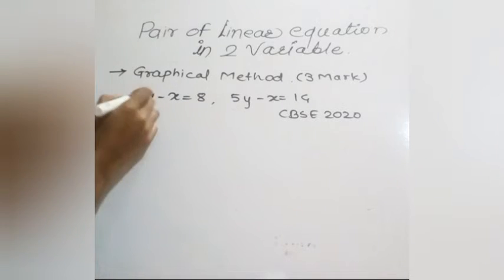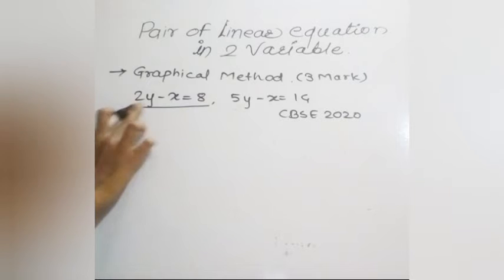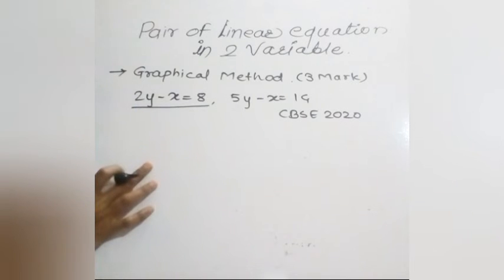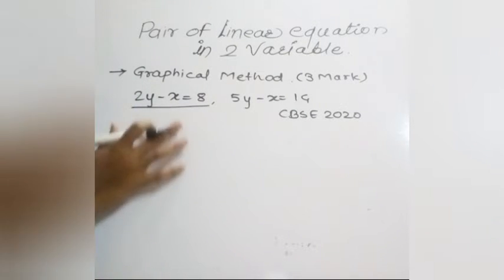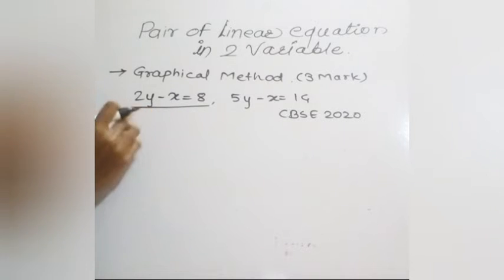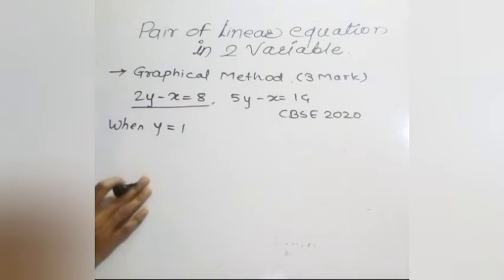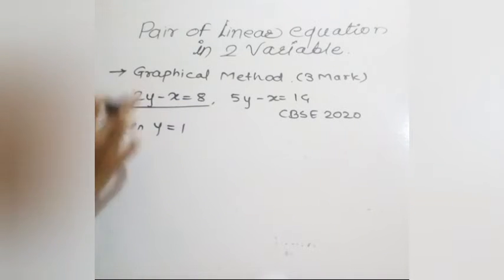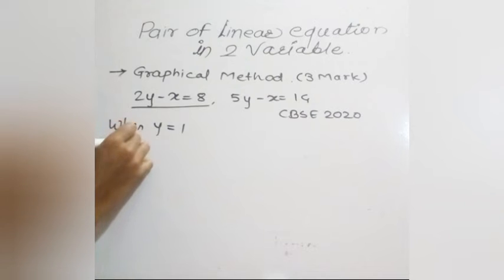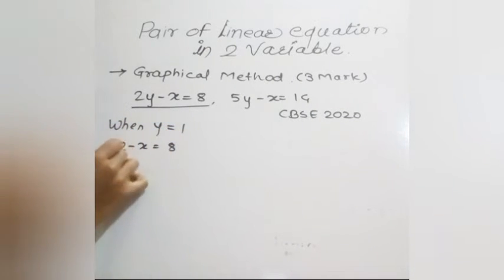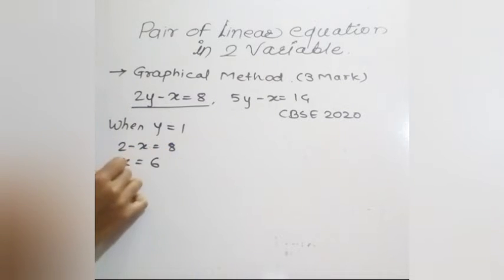Let's find solutions for this equation first: 2y minus x is equal to 8. We can put the value of y or the value of x according to our assumptions or conditions. So let's put y's value. Suppose we put y is equal to 1 in this equation, then we get 2 minus x is equal to 8, then minus x is equal to 6 and x is equal to minus 6.